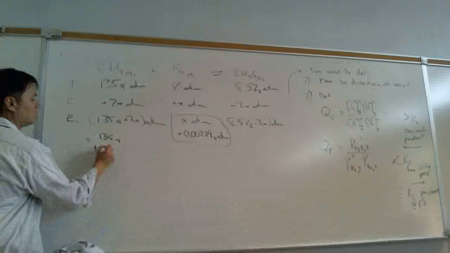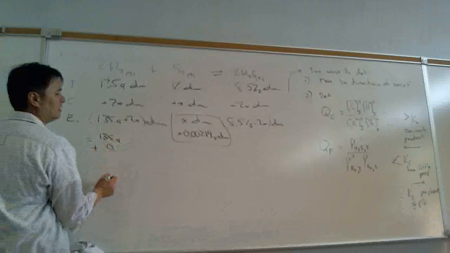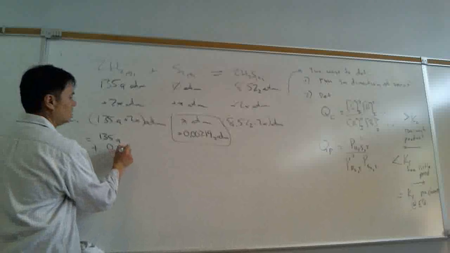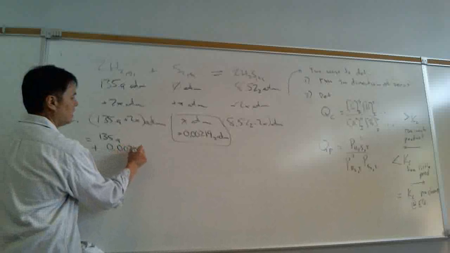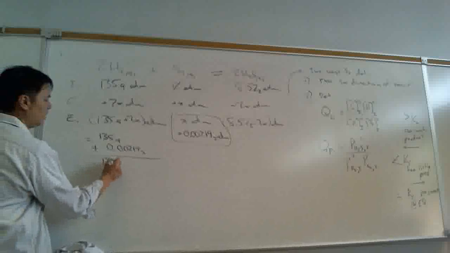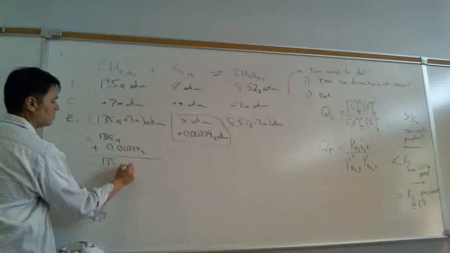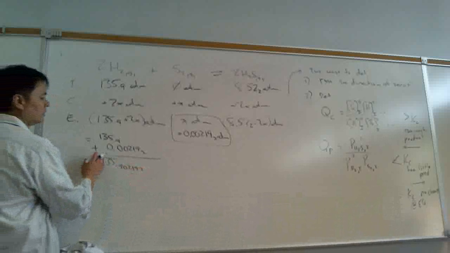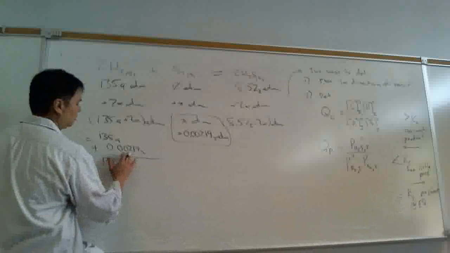And so plus 0.002192, which gives me 135.90292. Oh, you're right. I didn't double it. I need to double it.